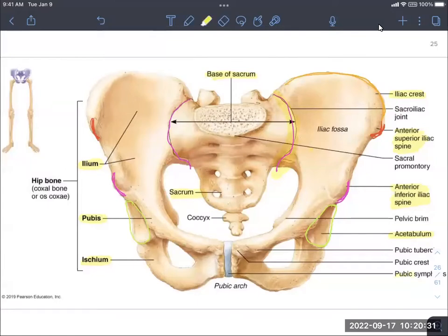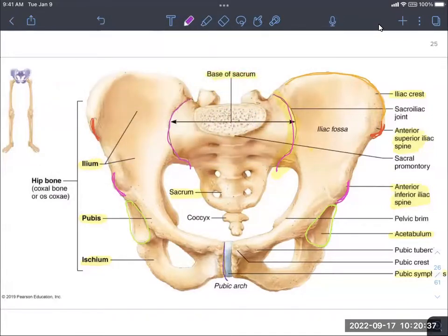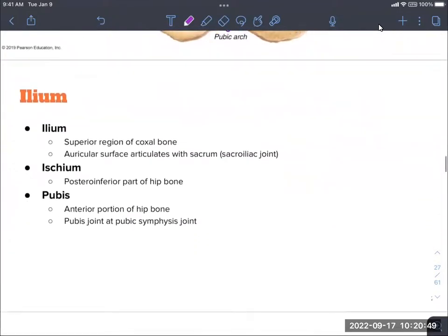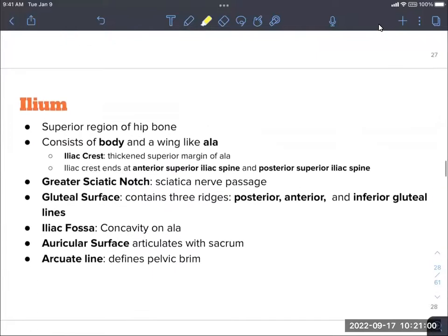We have this pubic symphysis that sits right here. This is all fibrocartilage in that pubic symphysis. So as we just looked at, we have the ilium, the ischium, and the pubis. Those are the 3 bones that make up your hip on each side.